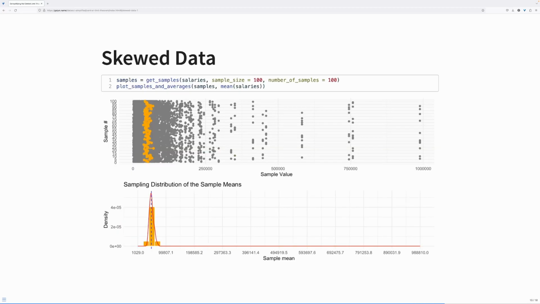When we sample and plot, something cool happens. All sample means hover around the true population mean, and all the sample means are between 1,000 and 100,000. When you look at the density plot, it is still a bell curve, which means that the central limit theorem still holds.